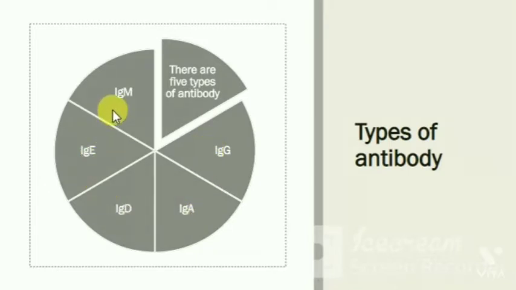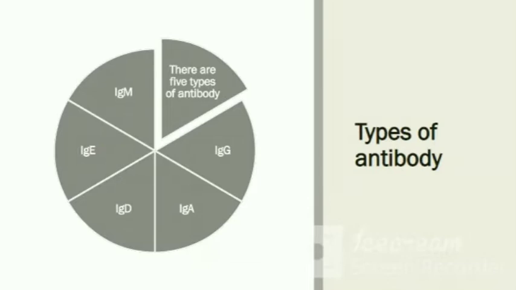There is a very simple word to remember all these antibodies at the same time, that is GAMED: G for IgG, M for IgM, A for IgA, E for IgE, and D for IgD. So we'll start discussing IgM.